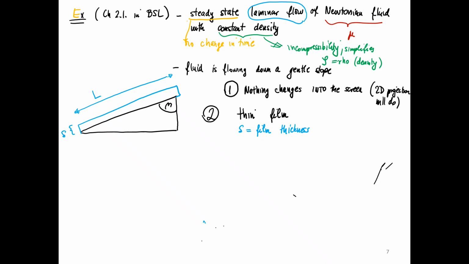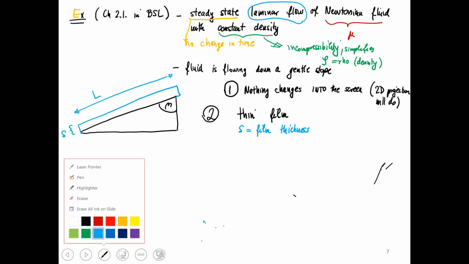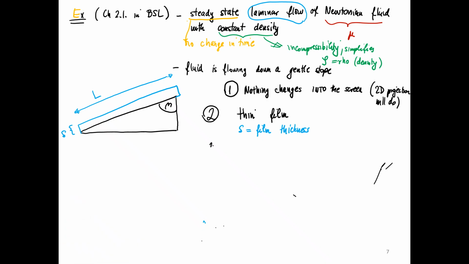I'm assuming that I'm away from that, somewhere in the middle. Those are called entry-exit effects. So another assumption is no entry-exit effects. I have nice laminar flow everywhere.